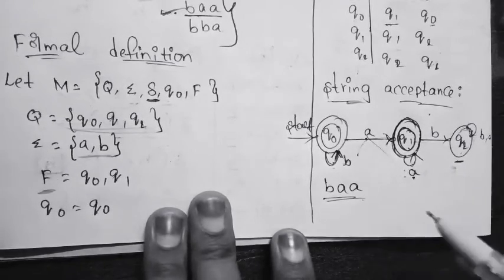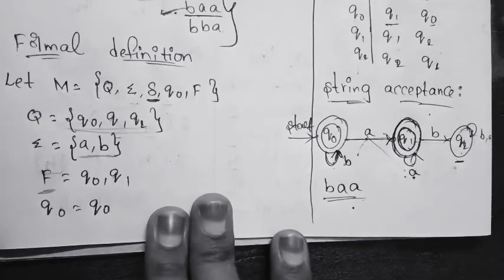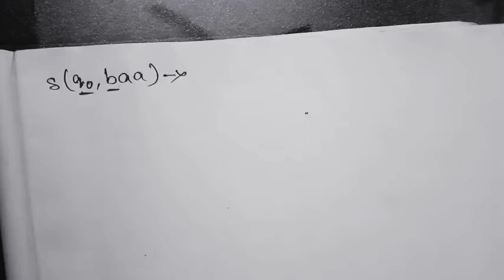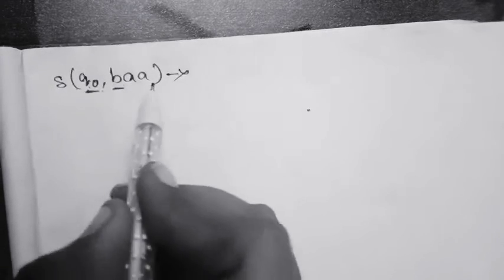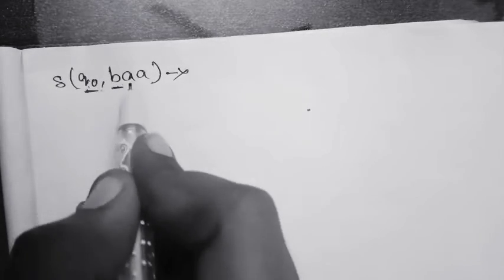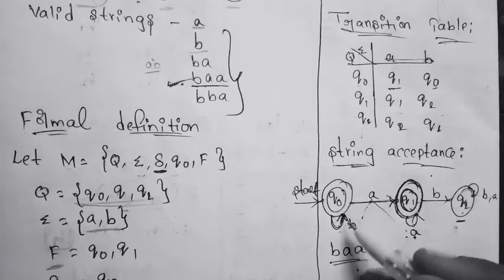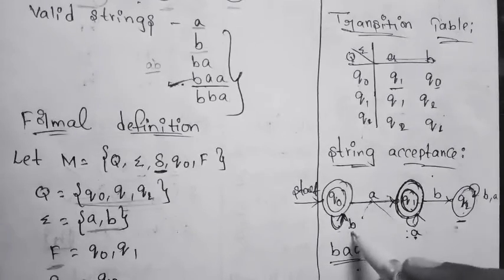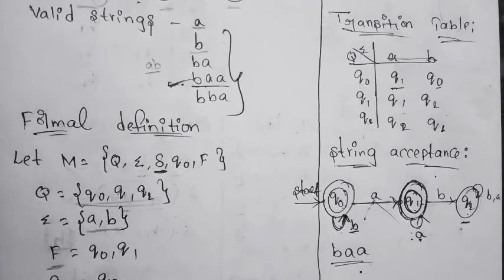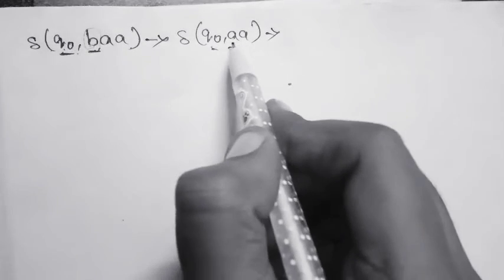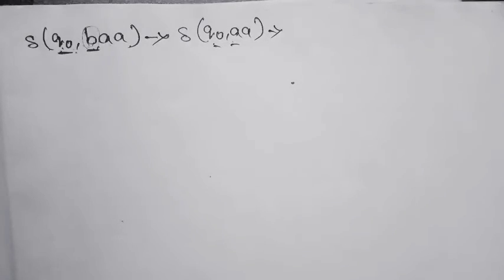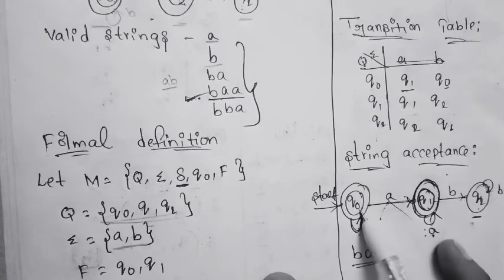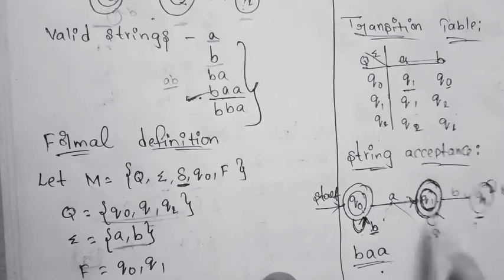So we need to prove it through the formula. The formula is, see, I will write here, sigma of Q naught comma BAA. Here Q naught comma B means from the finite automata Q naught of B is Q naught. Then, just remove the B and look at A. Q naught of A is Q1.